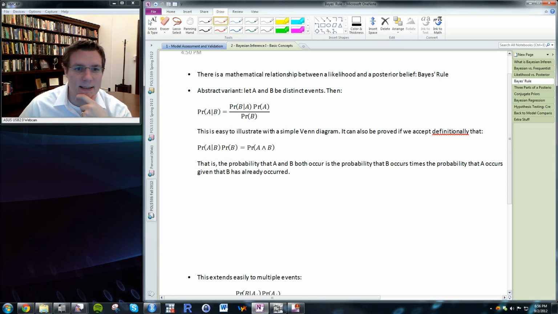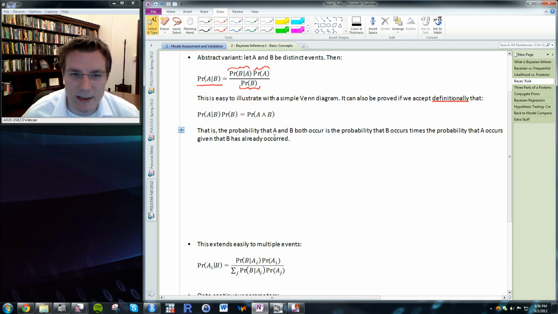And what it says is that the probability that an event A occurs given that another event B has already occurred is equal to the probability that B occurs given that A has already occurred, times the probability that A occurs, divided by the probability that B occurs. And probably the easiest way to illustrate this is via a Venn diagram.